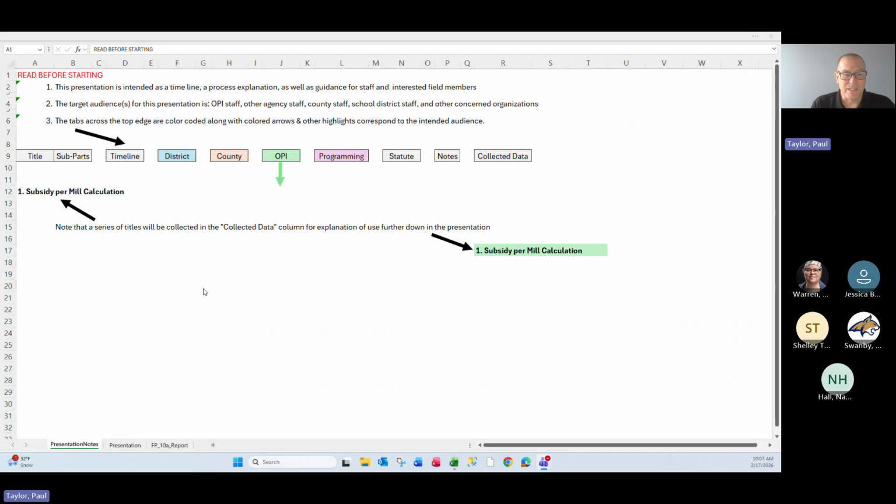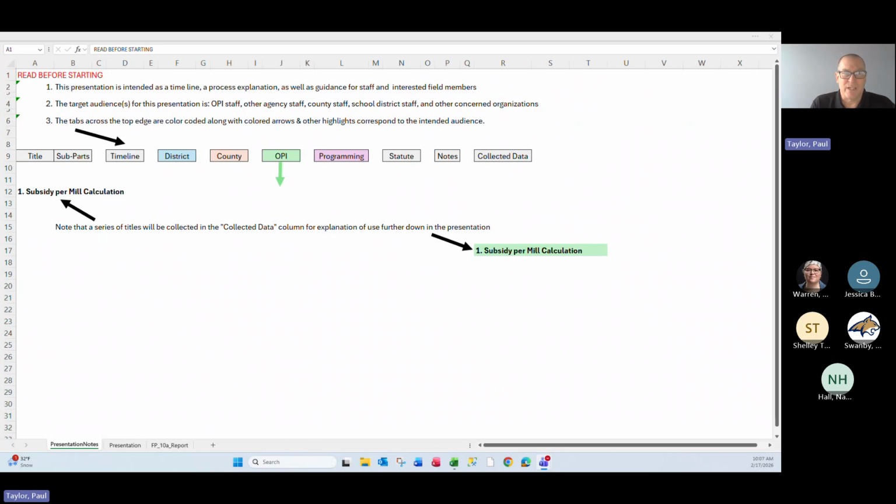As we get started, I'm presenting a screen and I'd like to explain how the presentation is organized. It states here that the presentation is intended as both a timeline and a process explanation, as well as guidance for staff and interested field members.